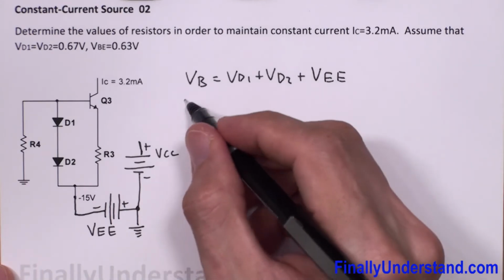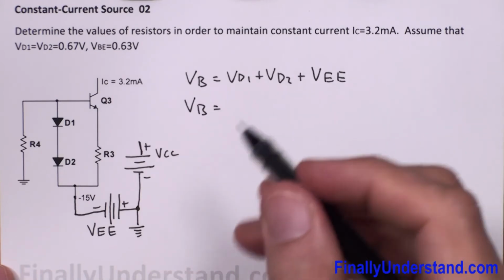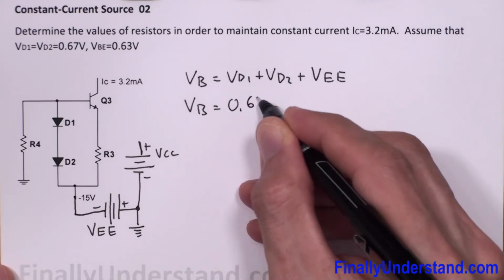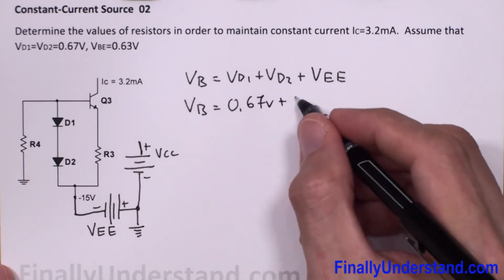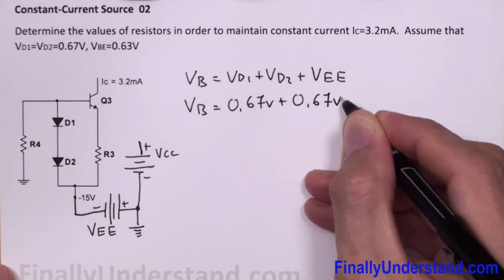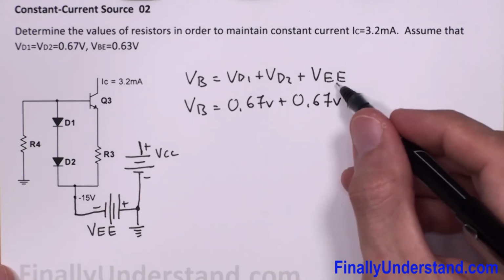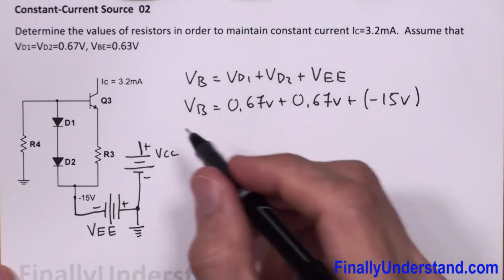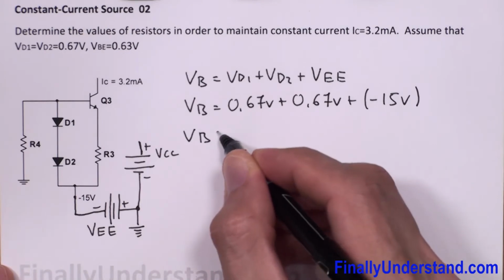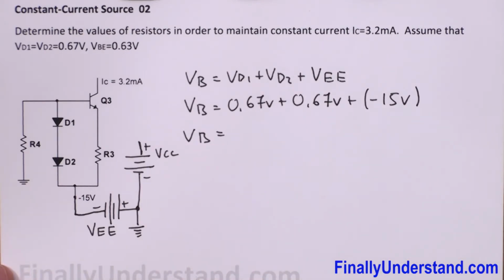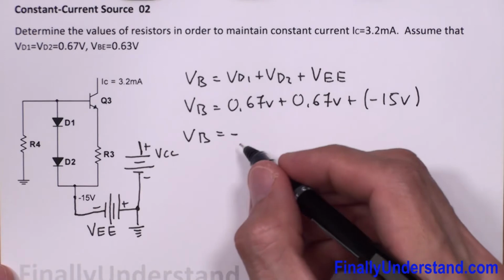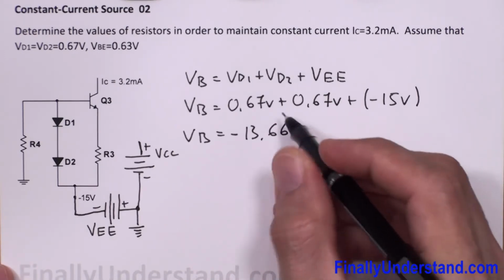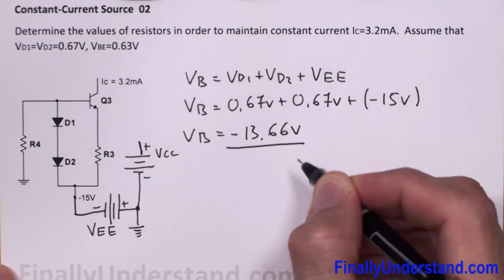So I have VB equals VD1, given as 0.67 volts, plus 0.67 volts, plus VEE, which is equal to negative 15 volts. So VB is equal to negative 13.66 volts. Okay, so this is my VB.